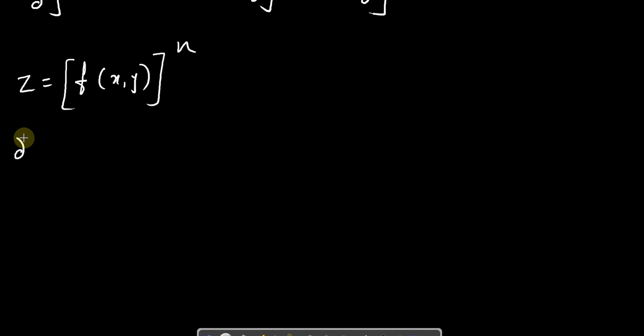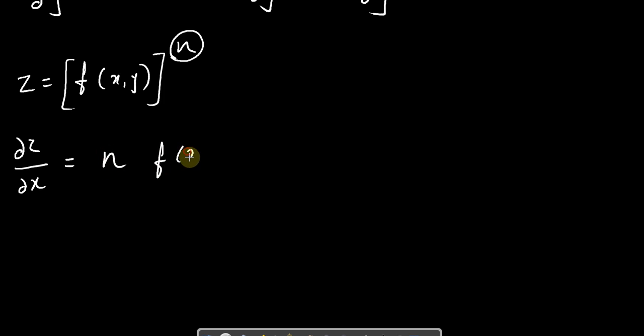Now let's see the chain rule of derivatives and how it's followed in partial differentiation. Some function of x, y has a power n. How do we differentiate this? By chain rule, suppose we have to differentiate this partially with respect to x. We first differentiate the power function.